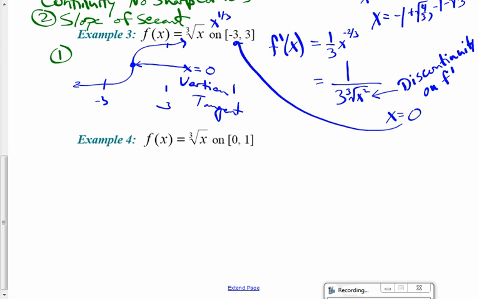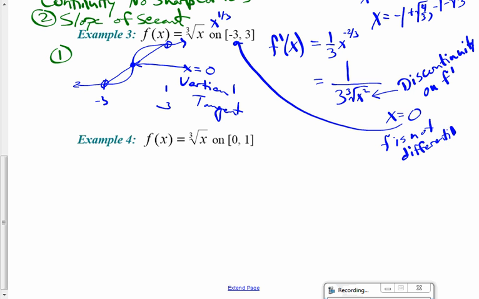Now, if you look at the picture we drew, is there likely to be a point on that curve that has the same slope? Probably. But the mean value theorem fails because there's a discontinuity on f prime. There's a place where the derivative does not exist, which means at x equals 0, f is not differentiable.